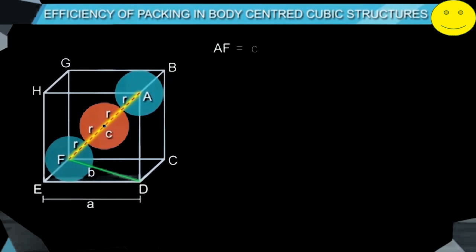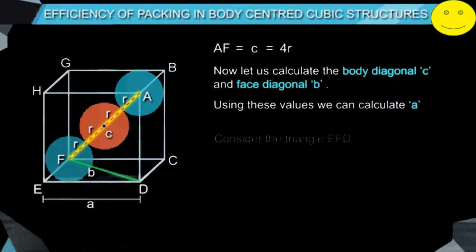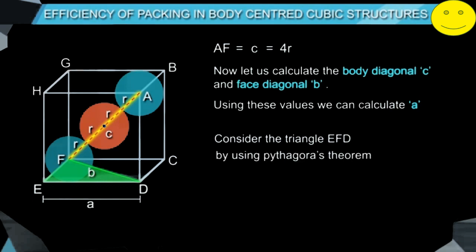Packing efficiency equal to volume occupied by 4 spheres in the unit cell divided by total volume of the unit cell multiplied by 100%. Packing efficiency equal to 16 by 3 pi r cube divided by 2 square root 2r whole cube multiplied by 100%.